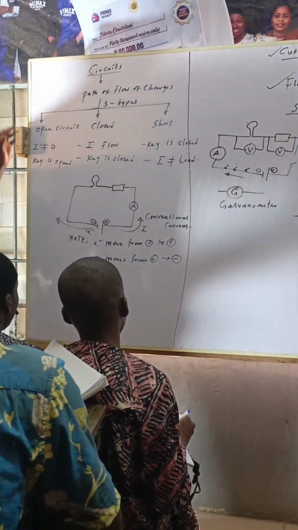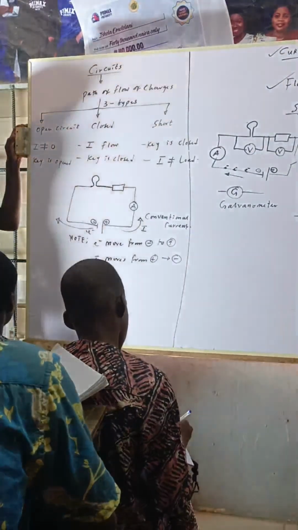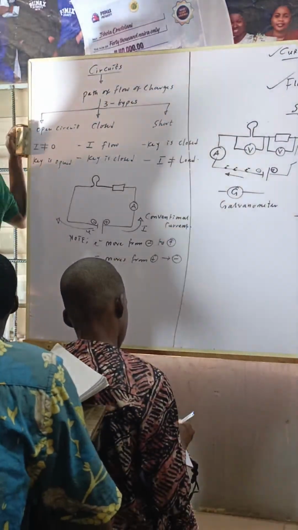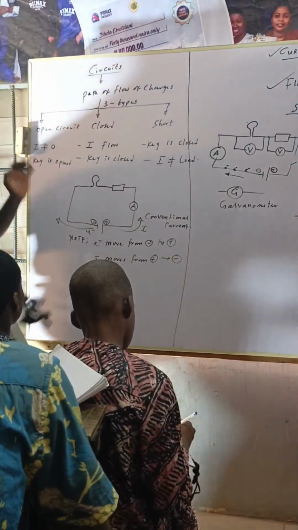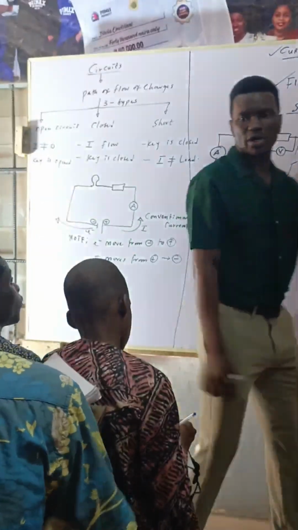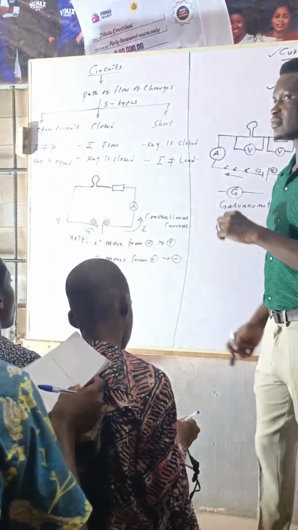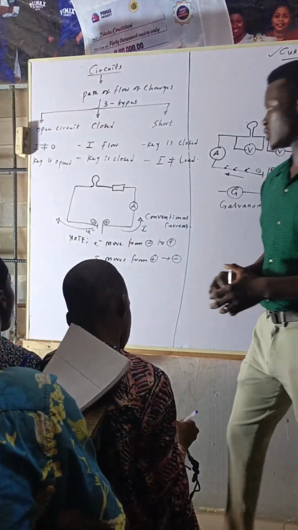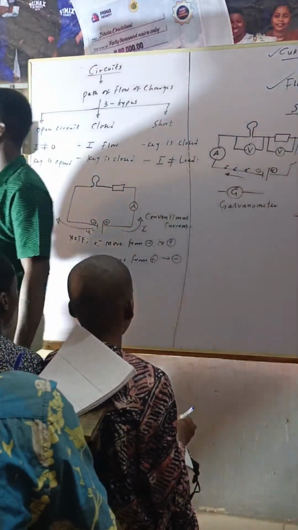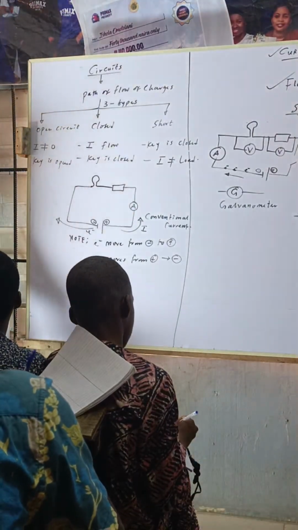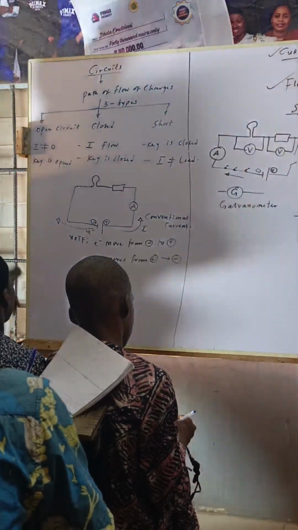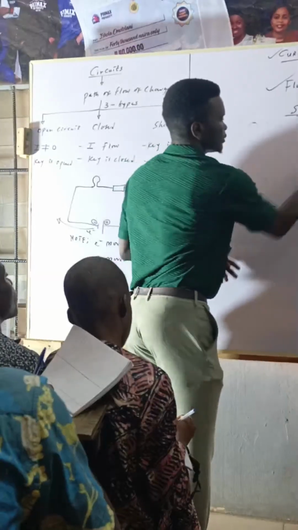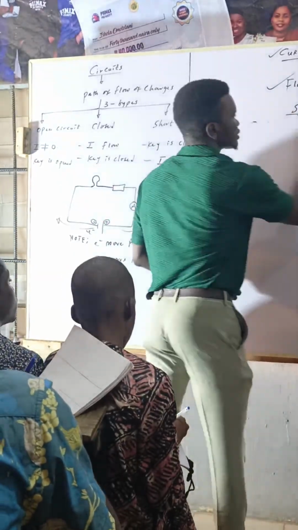So now, what is an electric current? Let's define an electric current. Now that you understand how the circuits operate, let's define electric current.